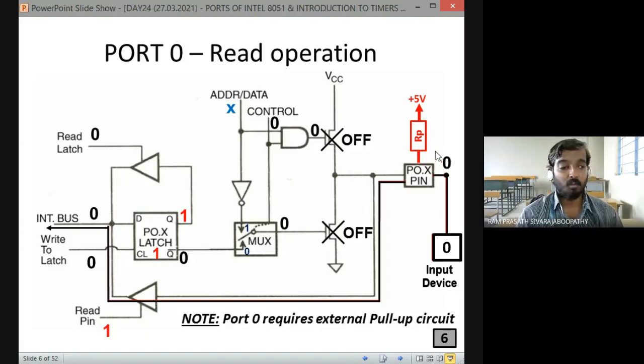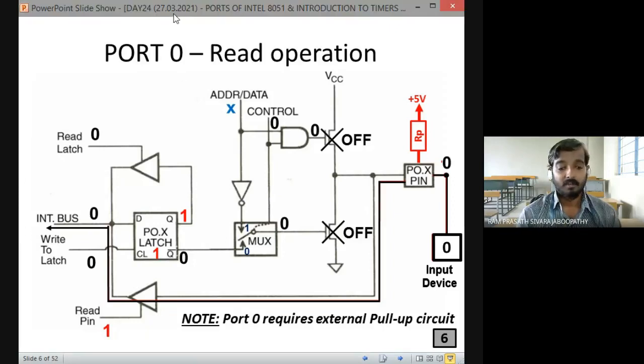Even though we have written 1 at the latch and the pin logic was 1 before, when we connect an input device with low logic level, it pulls the port pin down to logic 0. So here the condition of the pin depends upon the input device. Whatever the condition of the input device, it is getting into the internal bus. Is it clear to everyone? Shall I proceed? Yes, okay.